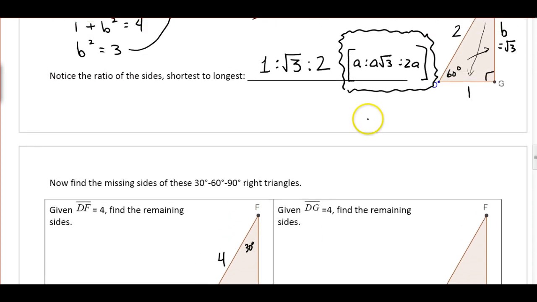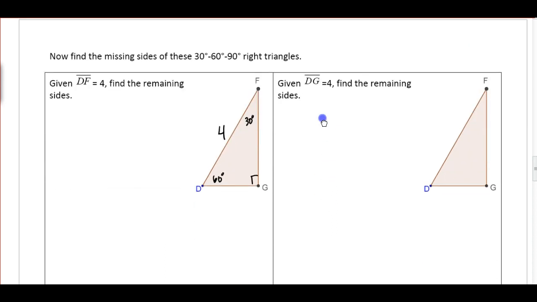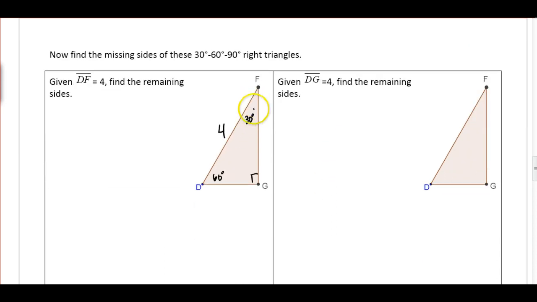So here's my ratio up here. I'm going to label all the sides with these ratios. So here's my 30. So opposite my 30 is going to be my a. And then I know that my hypotenuse is always going to be twice as long, so that's going to be my 2a. And then my last side is my longer leg, so that's going to be a root 3.